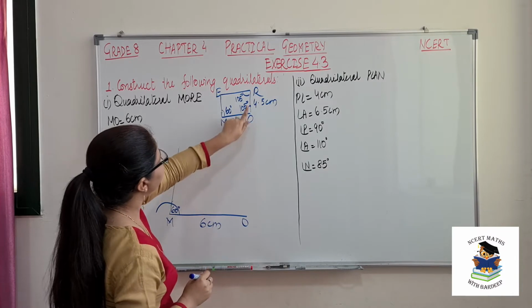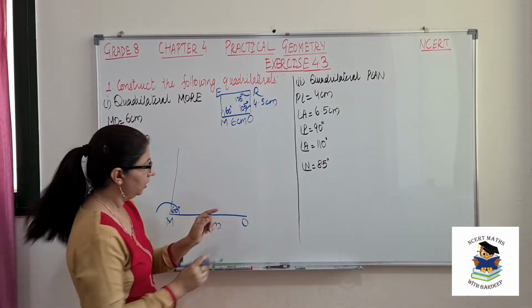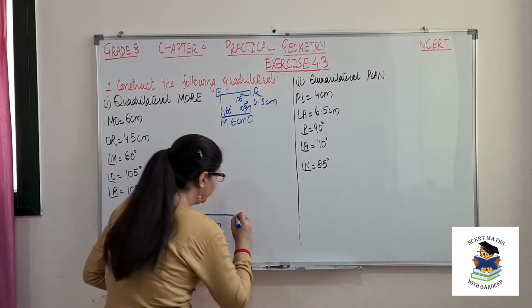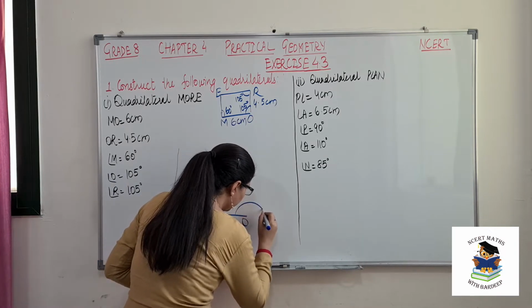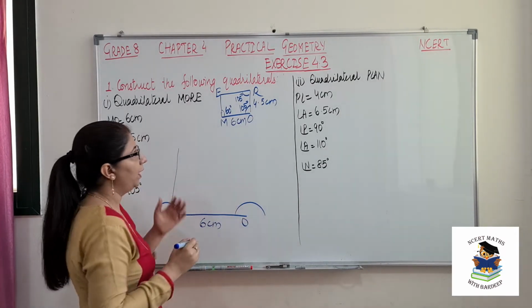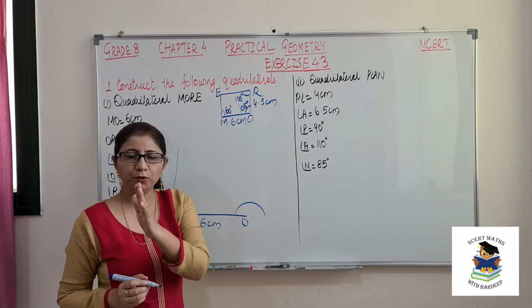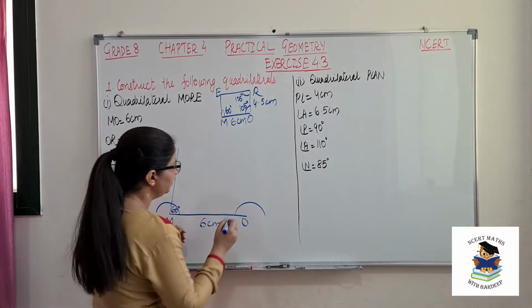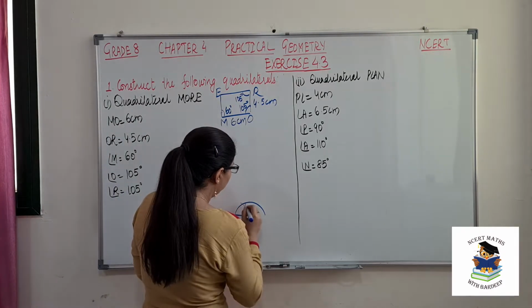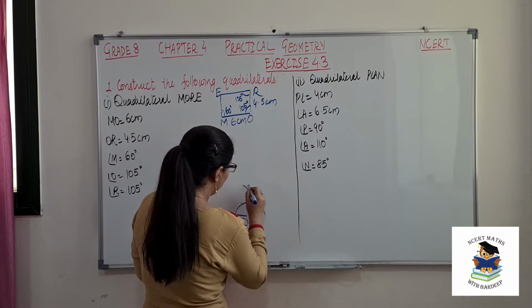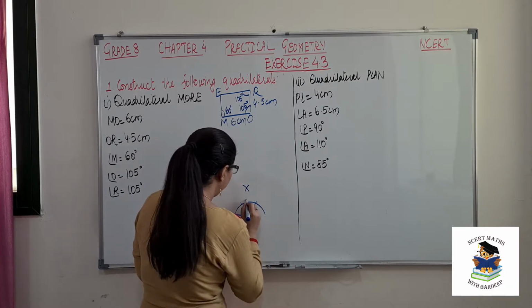Second is 105 degree on O. So on O we will again make one arc. 105 degrees is between 90 and 120 degrees. So first we need to make a 90 degree angle. This I already explained in the introduction video.